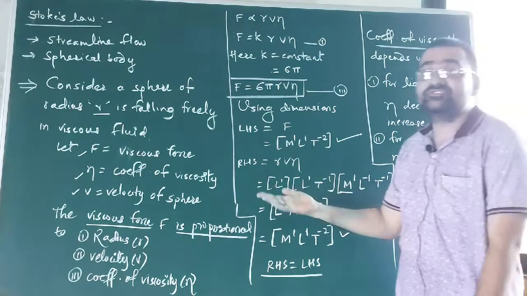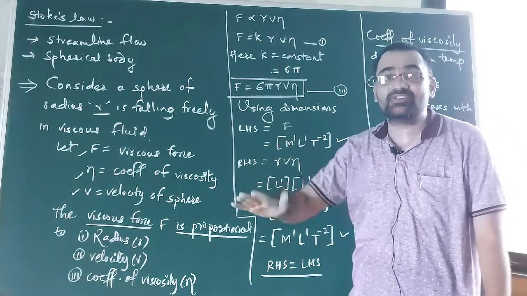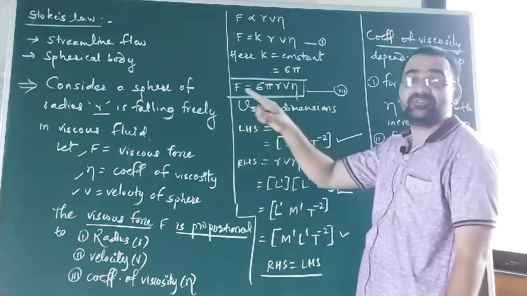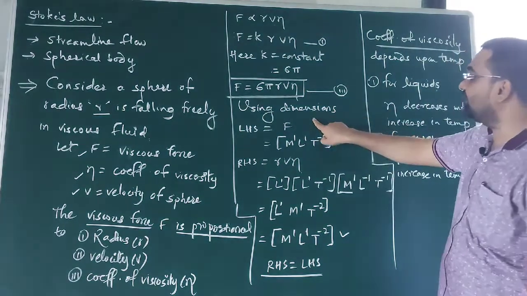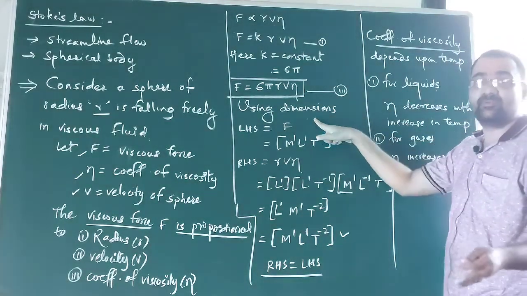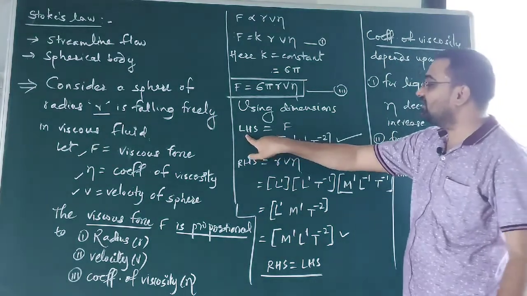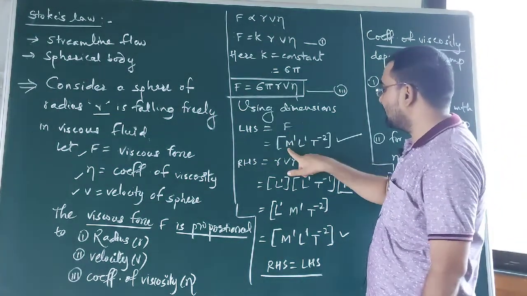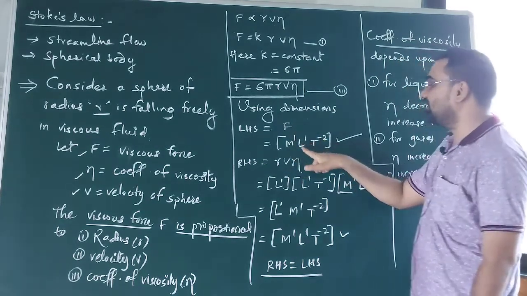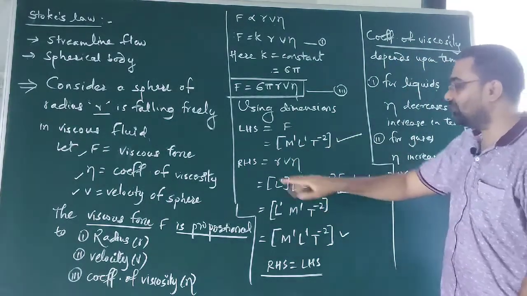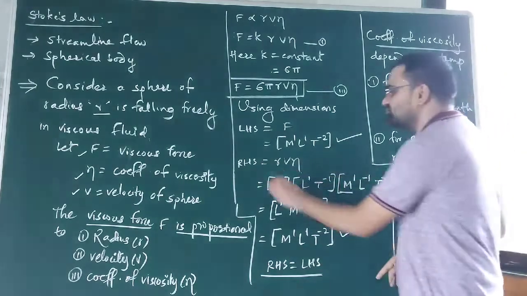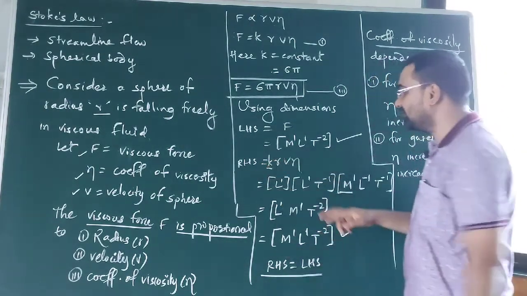Now why is Stokes correct? We have one more option to cross check him, that is nothing but dimensional analysis. So using dimensional analysis we cross check whether the formula given by Stokes is correct or not. We considered LHS of the equation is force, dimensions of that force are M1 L1 T minus 2. Now we have taken RHS, here K is constant, so it will not have any dimension.